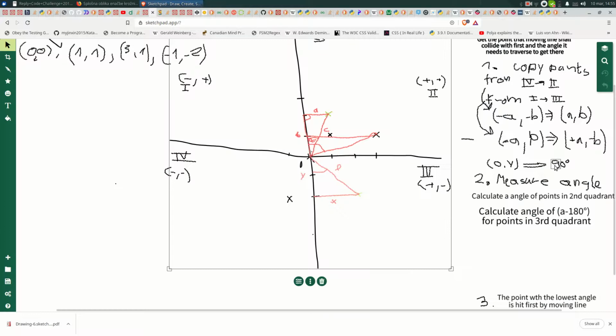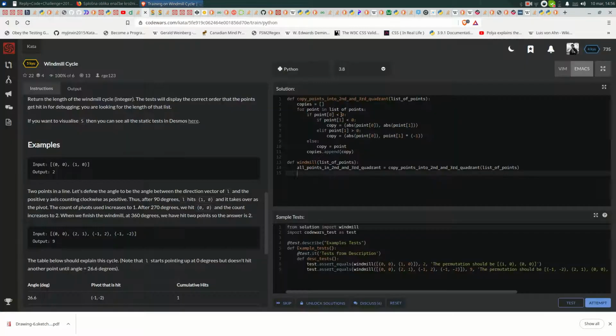We say measure angle, calculate angles of points to the second quadrant. So then we have a little thing where we have to append the angle property to the point property.